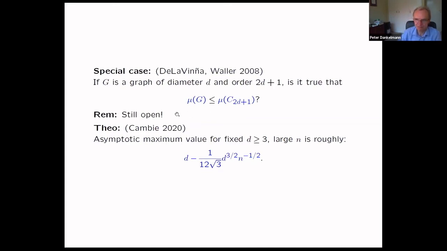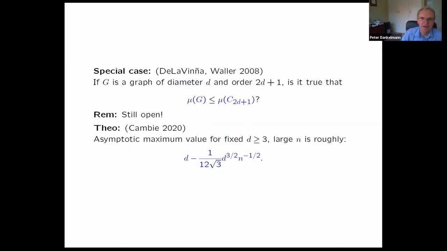When reading, this problem looks ridiculously simple, but it's still open, and I'm quite certain that people have tried to do it. However, there is a bit of good news, in fact, great news, because Stan Camby from the Netherlands proved a little while ago, not quite the question, but he solved it asymptotically. And that's like a gigantic progress.